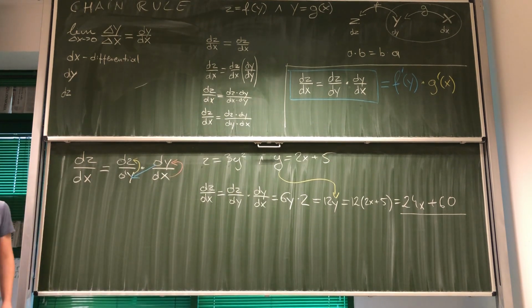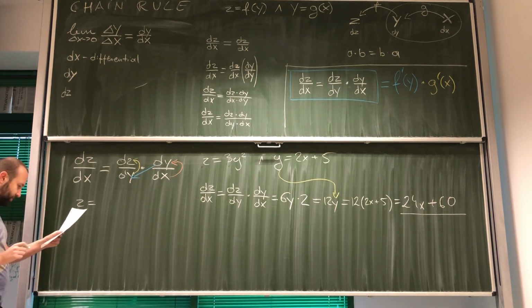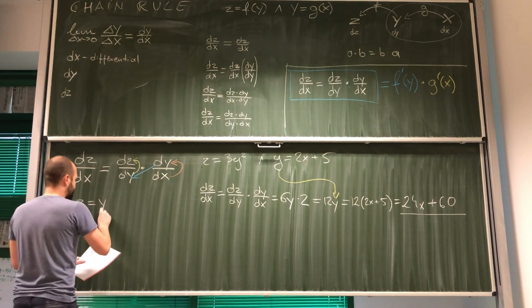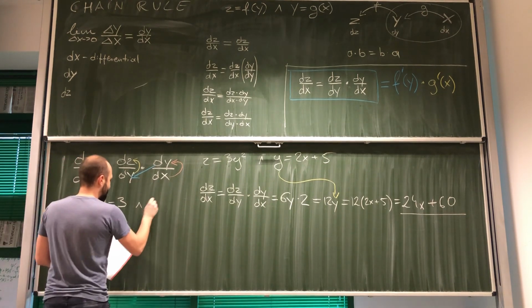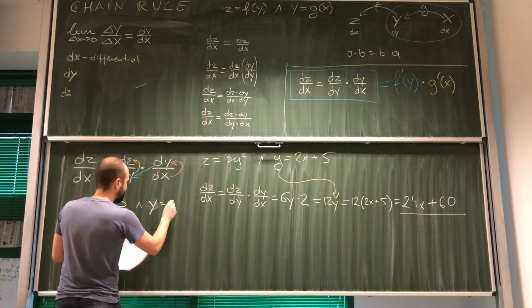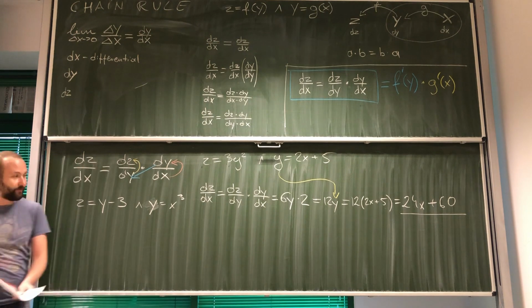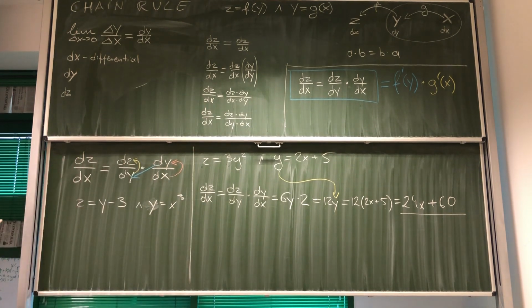Okay, let's do another example. Let's just say now that z is equal to y minus 3 and y is equal to x to the power of 3. Again, we can deal with this case using differentials.